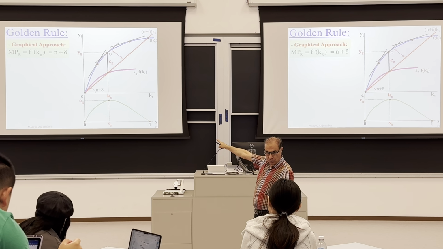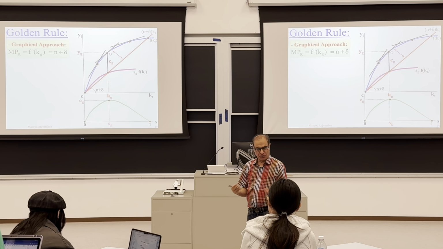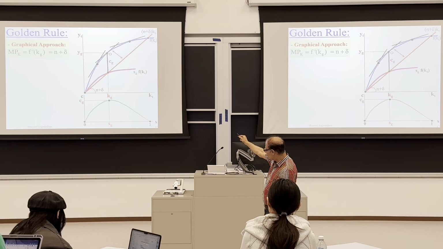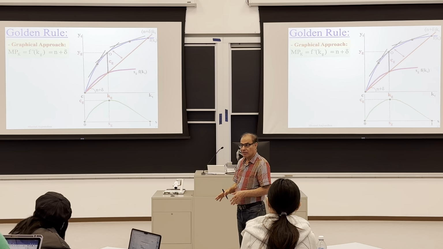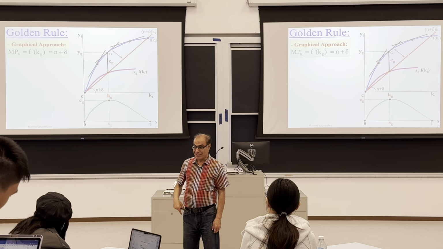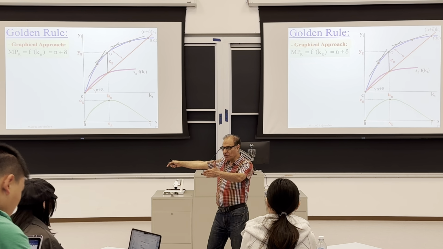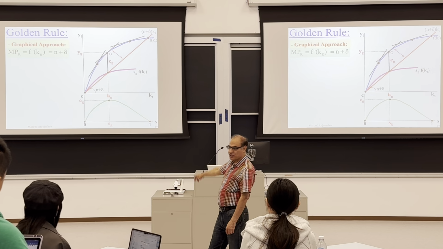We are at point O. Point O is the steady state equilibrium that maximizes our consumption, not any other possible steady state point. So point O is steady state equilibrium, so the steady state equilibrium condition must hold. Remember, capital inflow must be equal to capital outflow. So I use that to find SG.